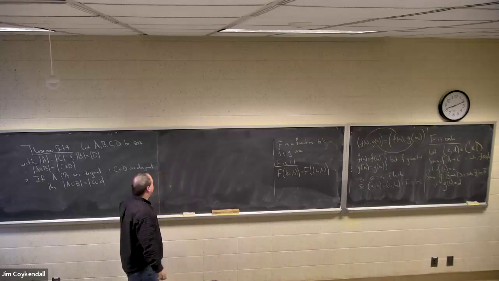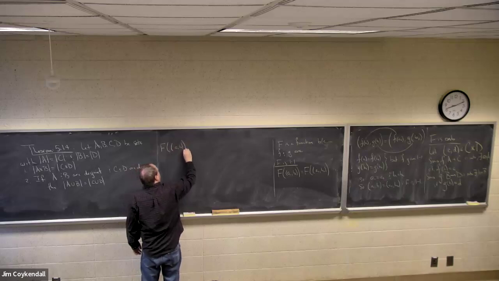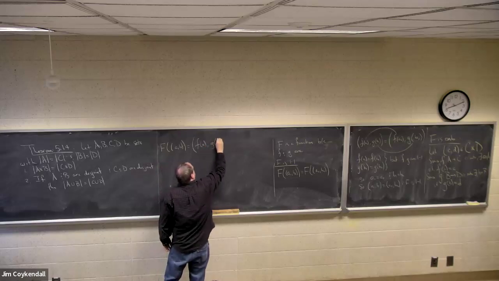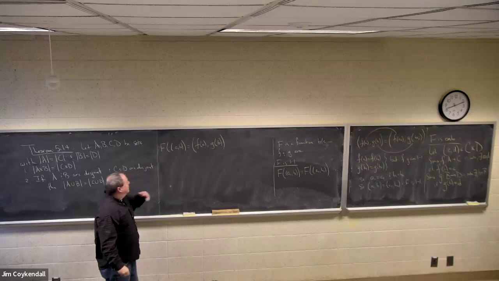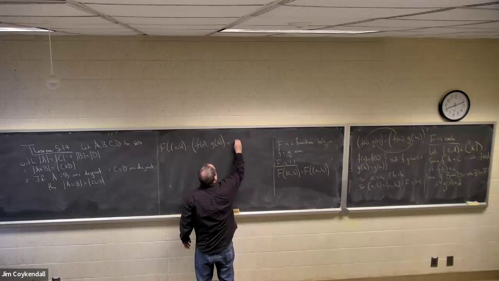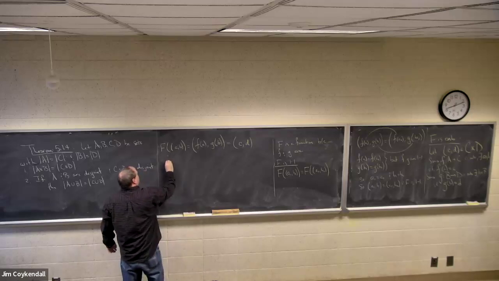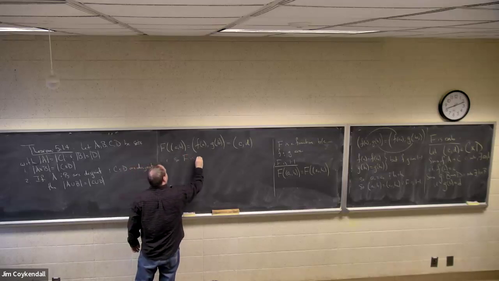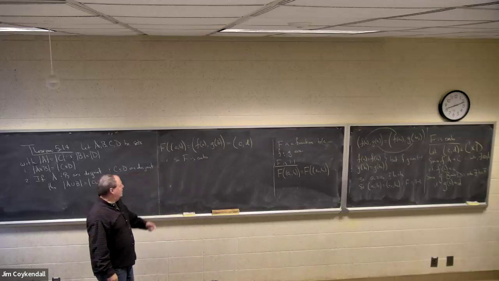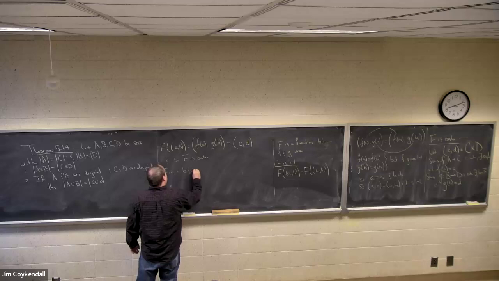So here is kind of a climax of this. If you look at capital F of (a, b), this is (f(a), g(b)), which is (c, d). And so I've shown this is onto. F is the bijection, and this shows the result.